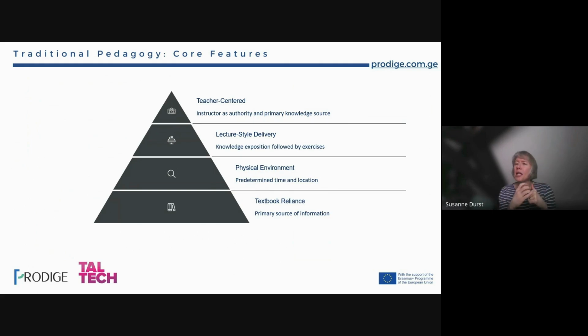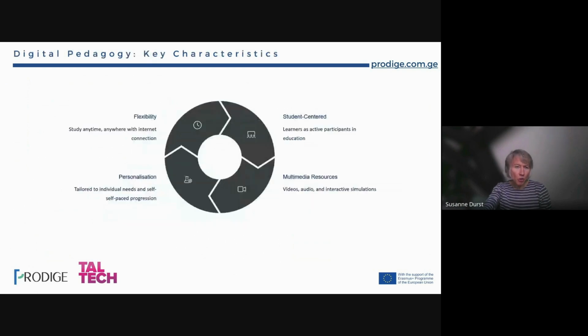Of course, depending on the type of students we are addressing, there might be additional reading, but the textbook can be considered the primary source of information or explicit knowledge. If we are then turning to digital pedagogy, here you see we are more or less following the same logic.